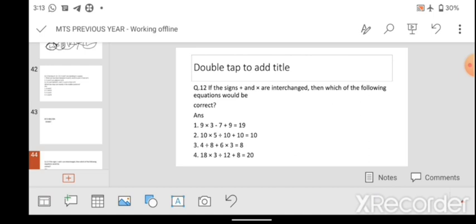So I generally go by the first or last option. Because why should the examiner make it easier for you? They can give any option actually. There are different sets of questions and the options keep jumbling between the sets. So you don't know which option is correct. So you have to try.